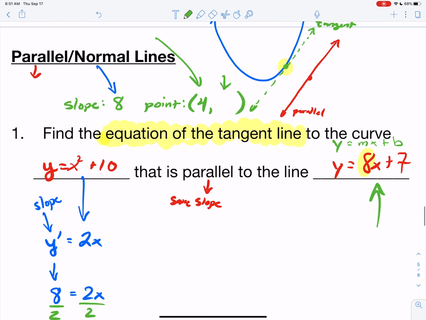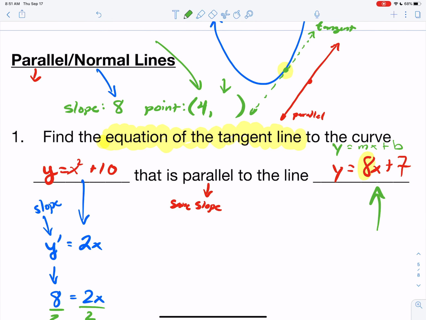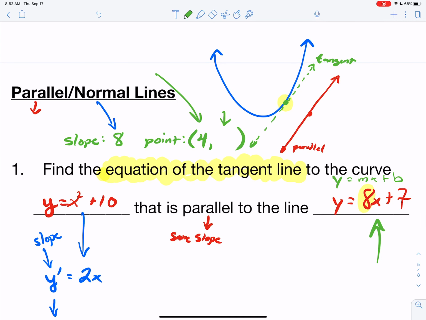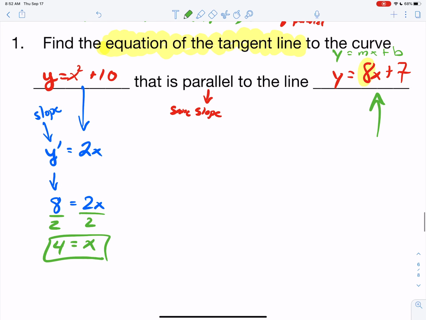Remember this point. Now here's where some people get mixed up. They see a lot of equations and they're not really sure where to plug in this value. If you take a look at this picture, is that point on the parallel line or is it on the blue curve? It's on the blue curve, so it only makes sense to plug it back into that curved function, which is the parabola, x squared plus 10.